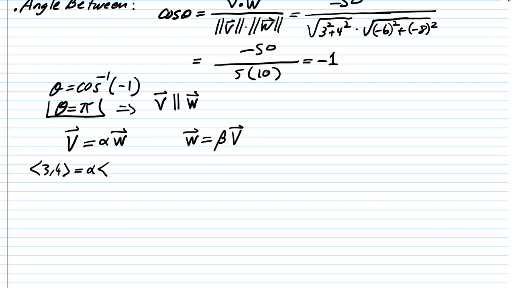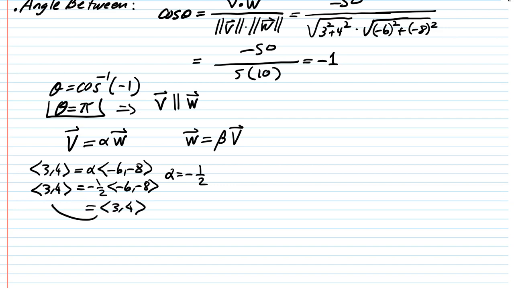The only way this can happen, where I have 3 for the first component, is to let alpha be negative 1/2. Negative 1/2 times negative 6 and negative 8 gives you 3, 4. You see that? They're exactly the same. So that's what we mean by one as a multiple of the other. That's the scalar that makes this work.